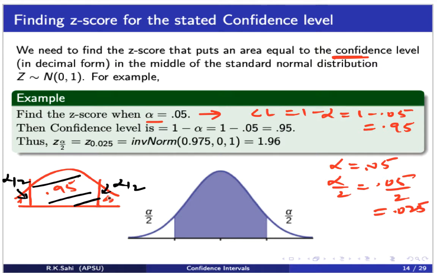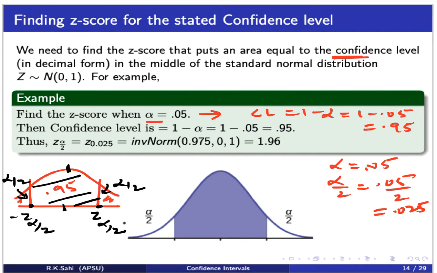Now remember, we do this because our normal distribution is symmetric about the mean, and the mean is where the mound of the bell shape is. So we need to find this value or this value. The only difference between these two values is that one is positive and one is negative. The number value is the same.